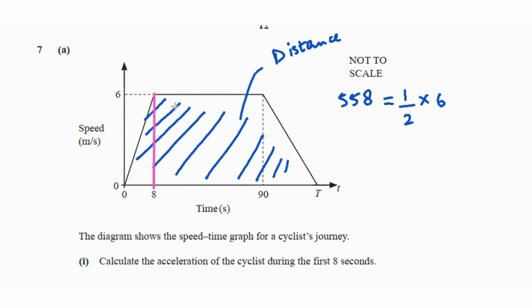This is your height, and these are your parallel sides. So we're going to do 1 over 2 times 6, which is the height, times the sum of A and B. A is going to be 90 minus 8, which is 82, plus t.